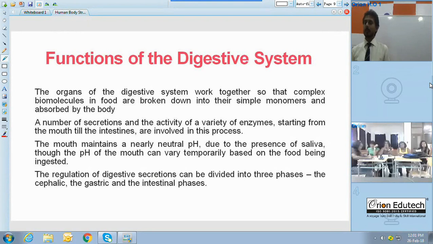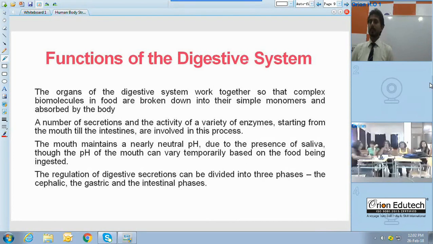The secretions and activities of a variety of enzymes, starting from the mouth till the intestine, are involved in this process. The digestion process involves the secretion of a number of enzymes, and these enzymes start secreting from our mouth.